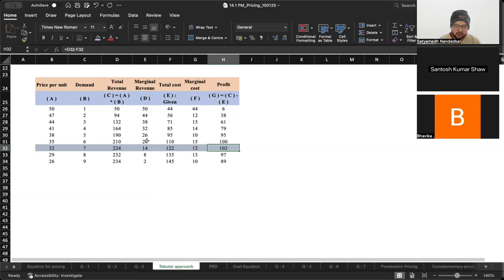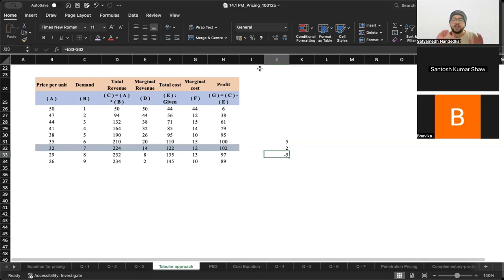Just before that point, the difference between marginal revenue and marginal cost is 2. One step before that, the difference is 5. And one price point after that, the difference is again more.